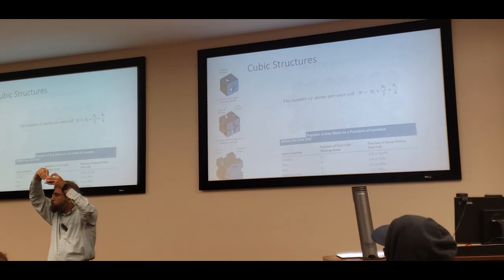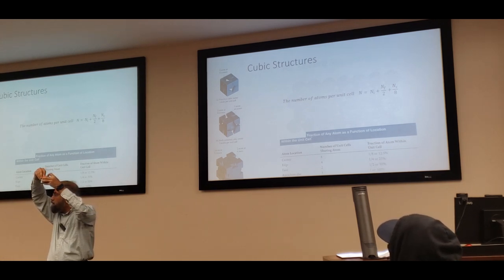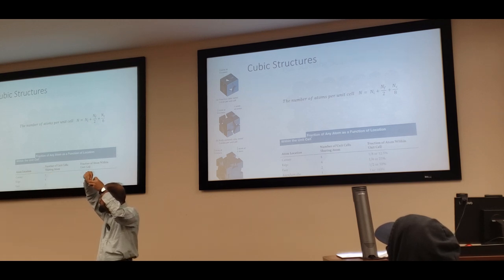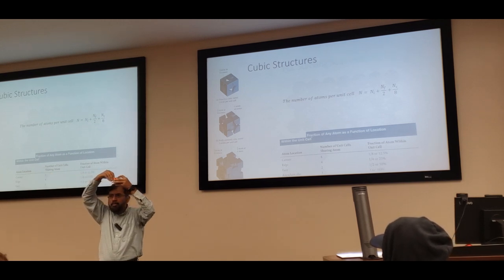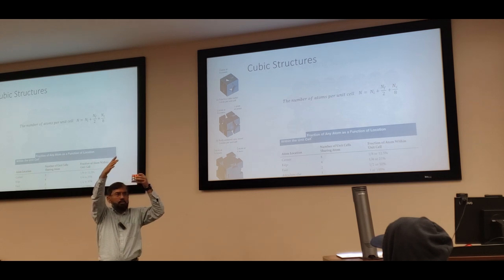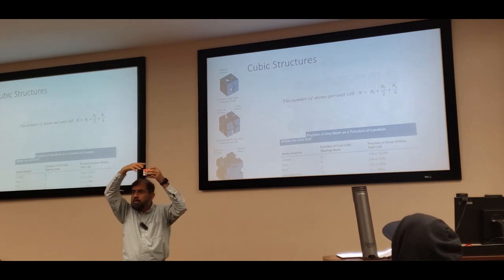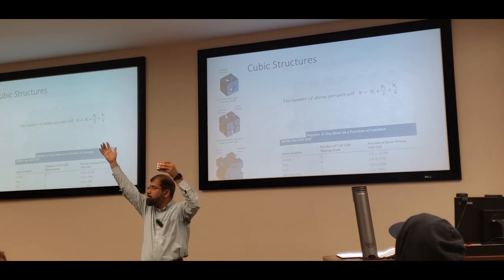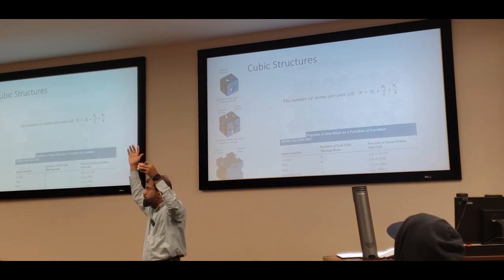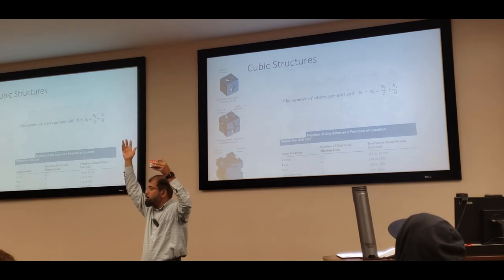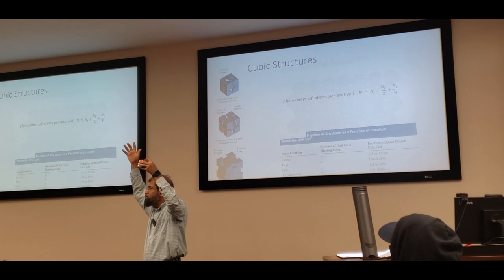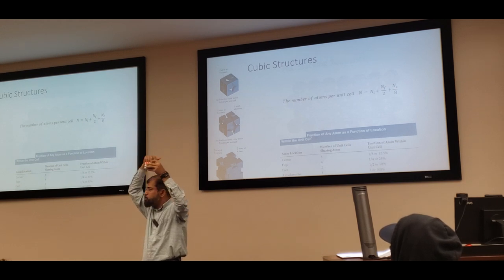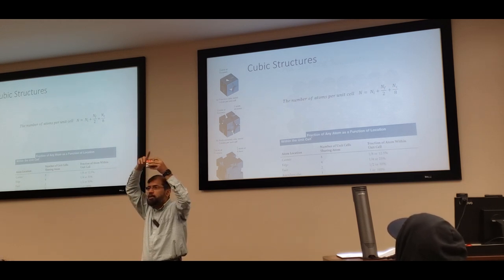This atom is shared between how many unit cells? 4 in total. No, 8 in total. Any other answer? Think about it. Use your thinking machine. You need to have imagination for this one, for crystallography.